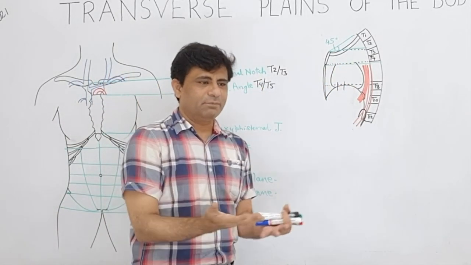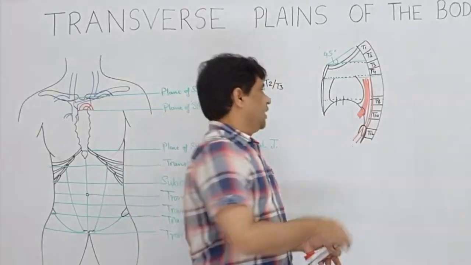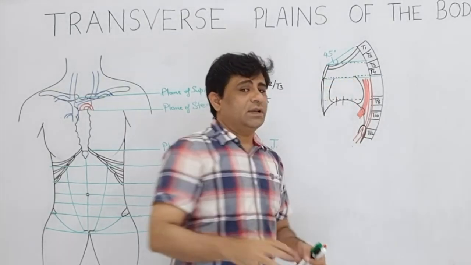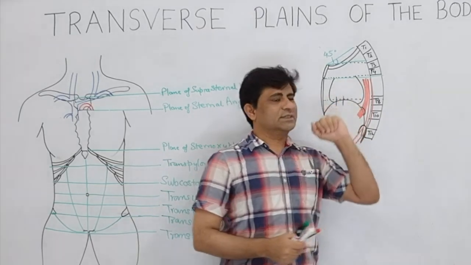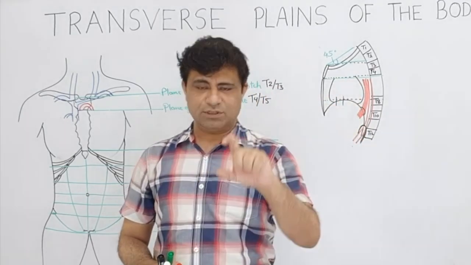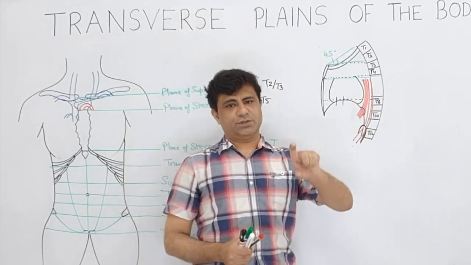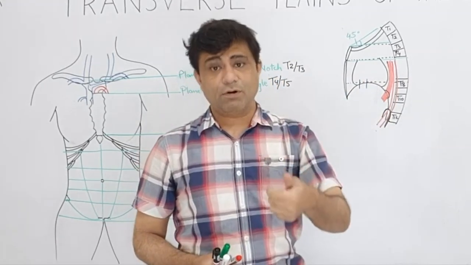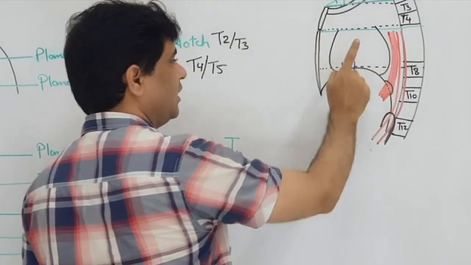It is wider below, resting on the central tendon of the diaphragm, and the upper portion is narrow. So remember, this middle mediastinum does not only include the heart, but it also encloses the great vessels. It encloses the ascending aorta, the pulmonary trunk, and the lower or proximal portion of the superior vena cava. These are the contents of the middle mediastinum.